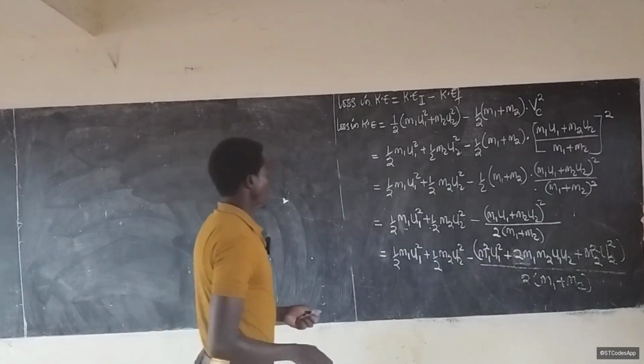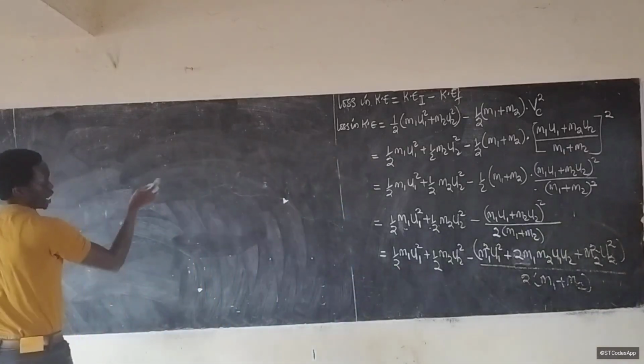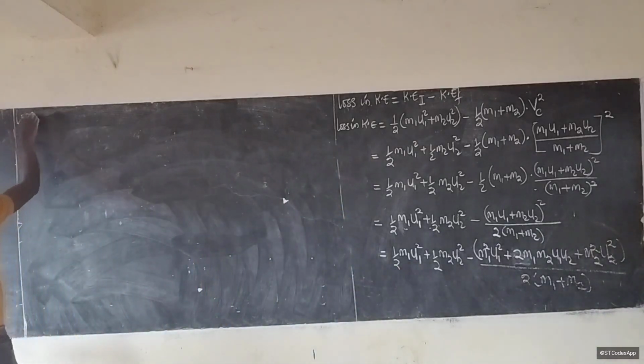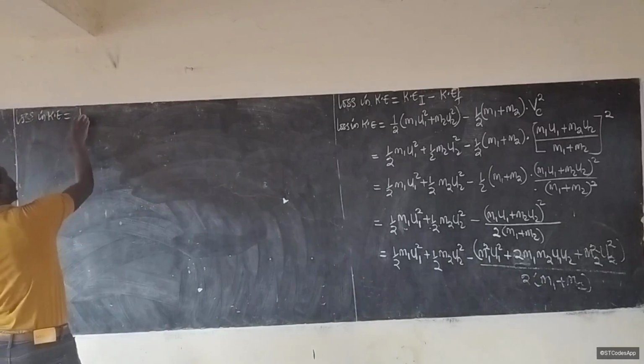So when I come back here, I can combine the other side. Loss in kinetic energy would be equal to a half, 1 out of 2.